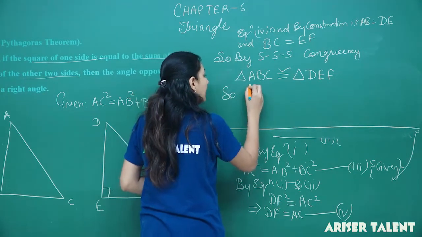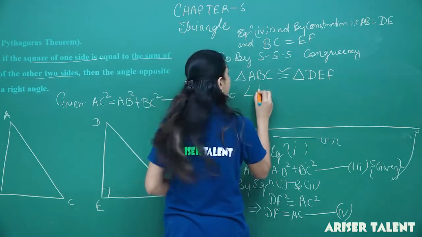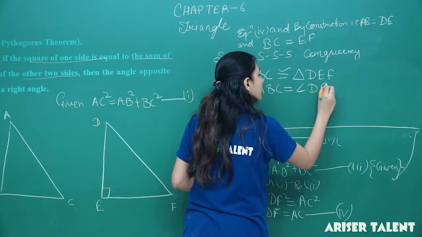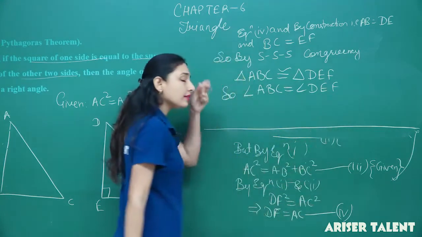So, angle ABC will equal angle DEF. By congruency, we can say this.